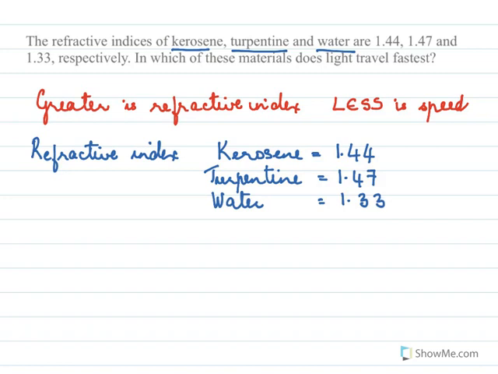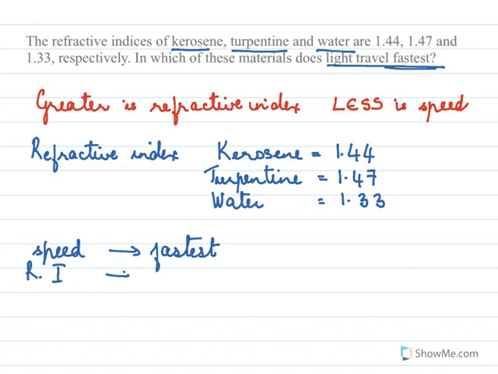In which of these materials does light travel faster? If the speed is fastest, then the refractive index will be least. So where is the refractive index least? The refractive index least is in water.